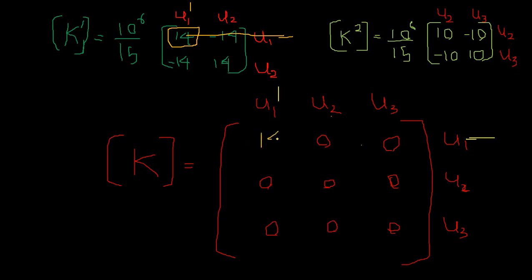Becomes 14. Okay. Then U1 row, U2 column: there's no such thing in here, and U2, U3 is there. U1, U2 appears only in this element, right?